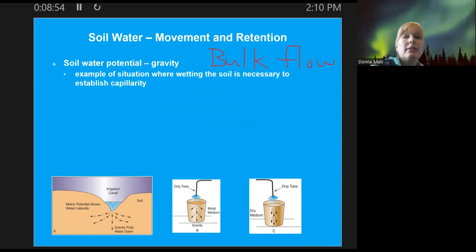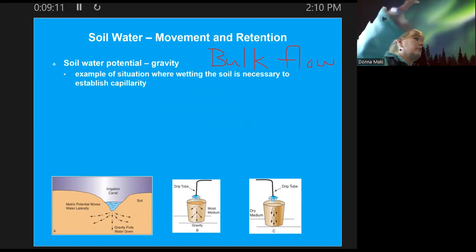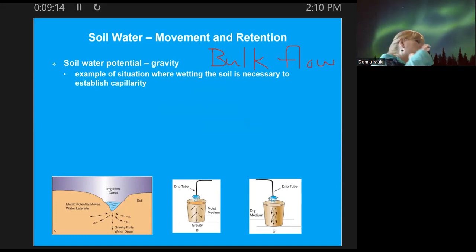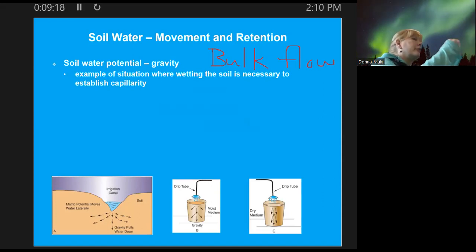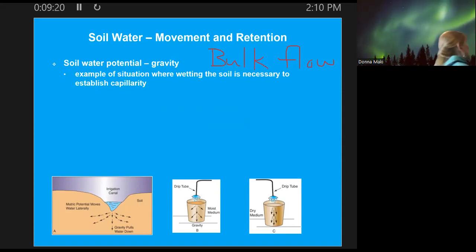It really does mess with things if you don't water frequently enough and your soil gets really dry. You can end up in a situation where even though you water, it just goes straight down through gravity and won't move out laterally, because the soil particles are so dry you cannot get that capillarity flow of water out in a more lateral way.